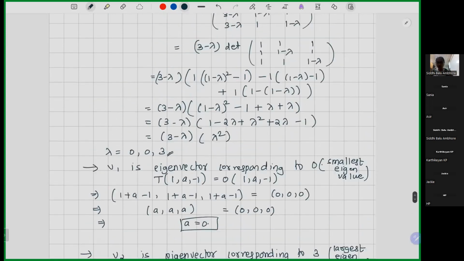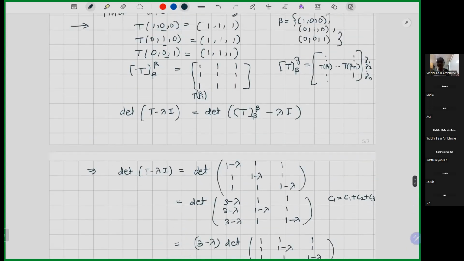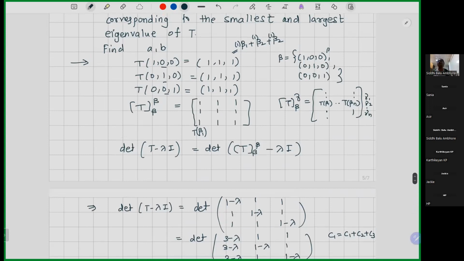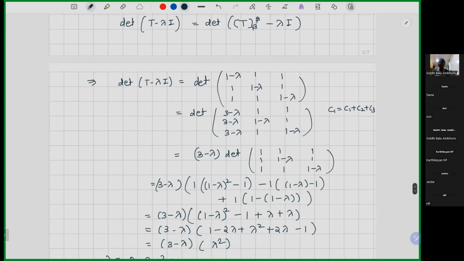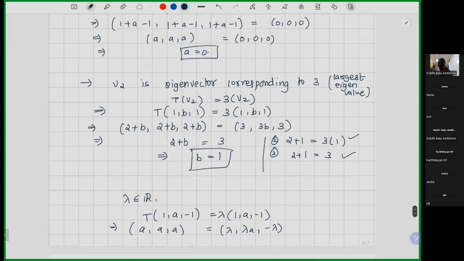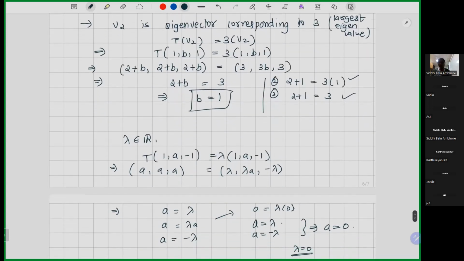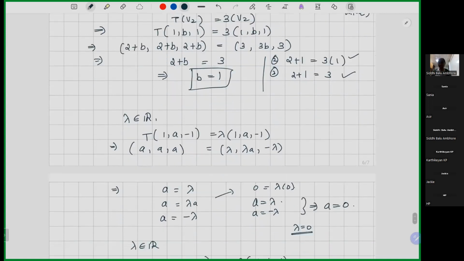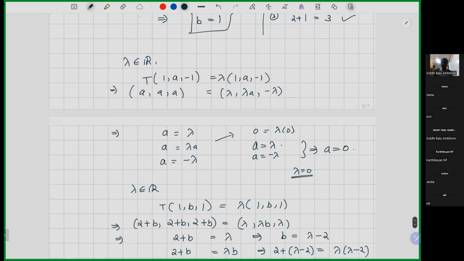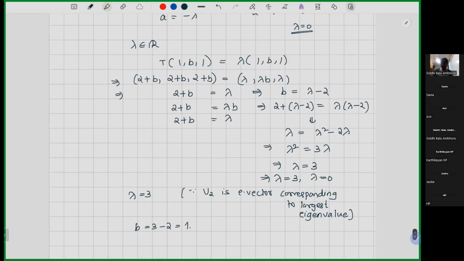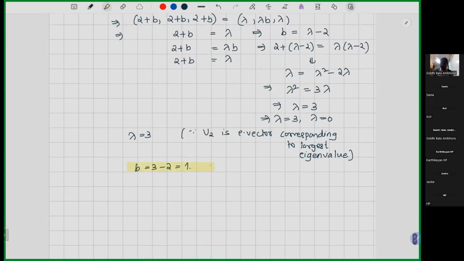Even if you don't know the explicit values of lambdas, that is smallest and largest eigenvalue of lambda, you can just go ahead with calculating A from given condition that it is eigenvector corresponding to some lambda, and you will still get the answer that A is 0 and B is equal to 1.